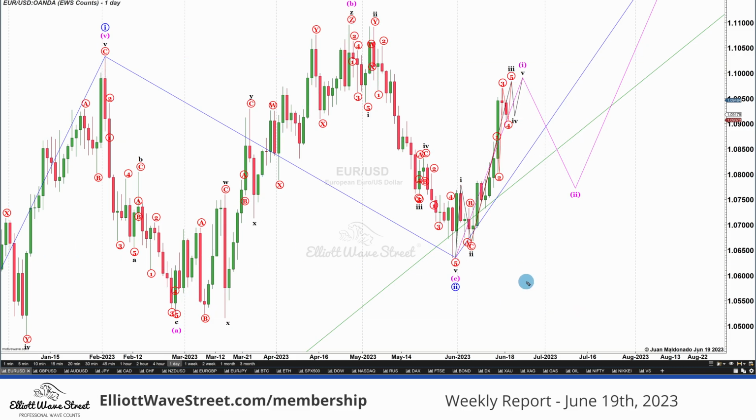That's a huge mistake. The right way to apply it and to find the end of the wave is actually pretty easy. After the wave 1, after any impulse, you look for A, B, and C. And once you have the ABC in front of you, you look for a candle to close above A. Don't forget that this is A, this is B, and this is C. And when a candle closes above A, that's the entry point.